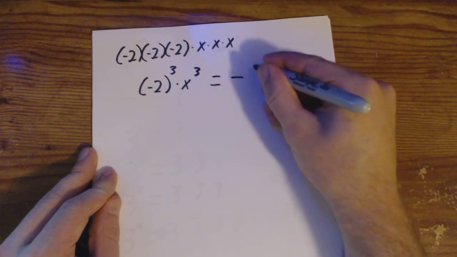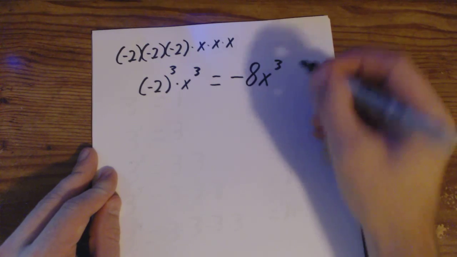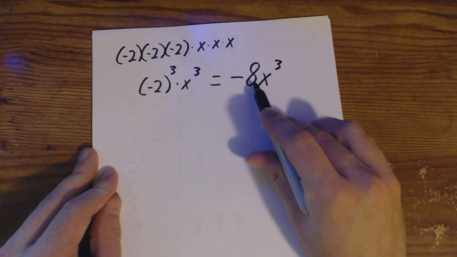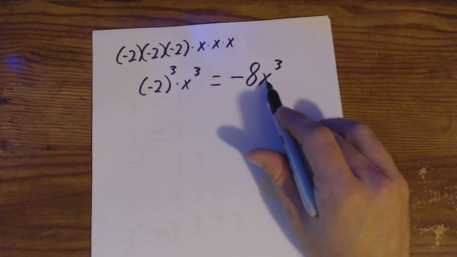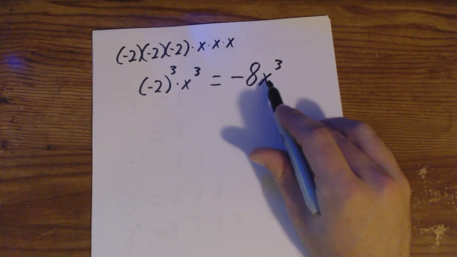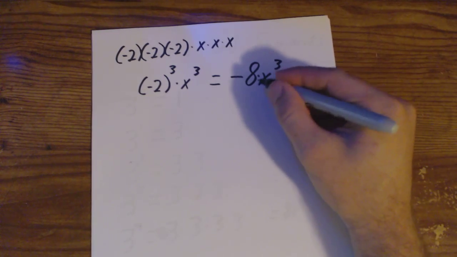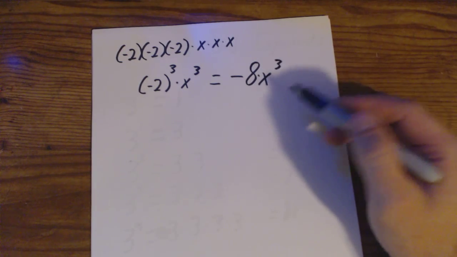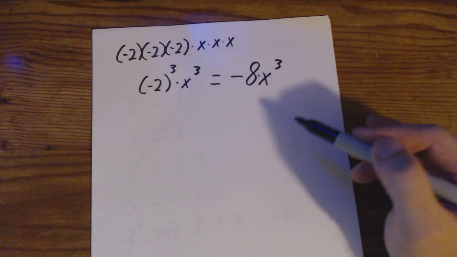So we could write this as negative 8 times x to the third power. When there's nothing between a coefficient and a variable such as x, it means they're being multiplied. I could put a little dot here that you're multiplying these two, but generally we're not going to be doing that. Once you get into algebra, you just say negative 8x cubed.